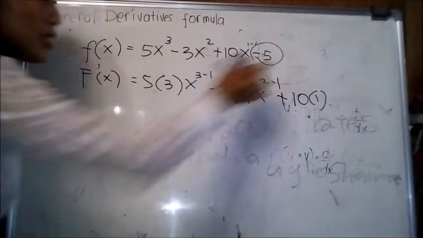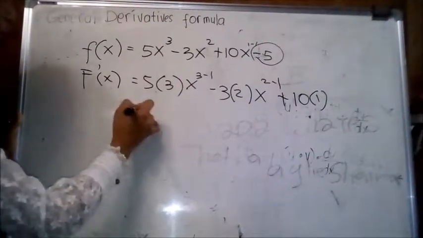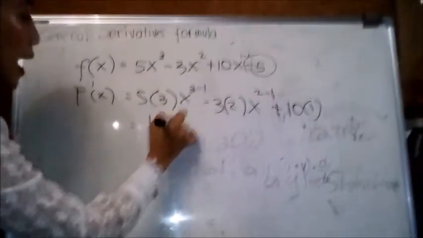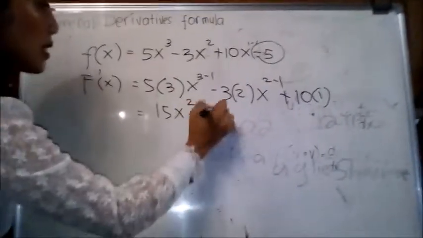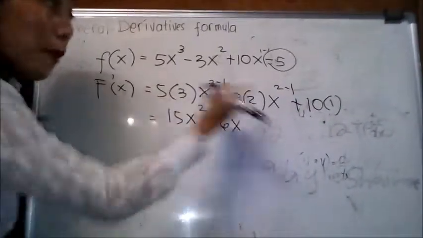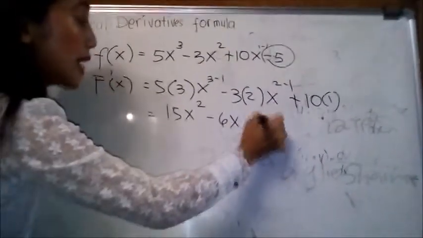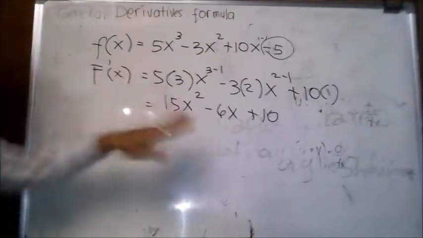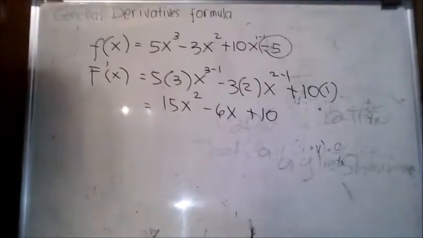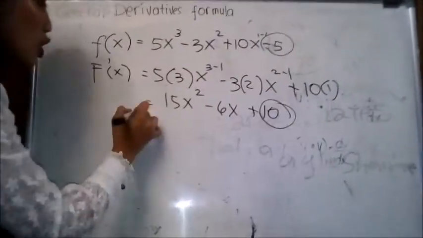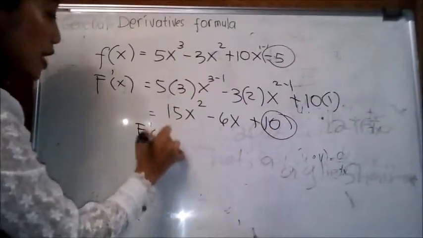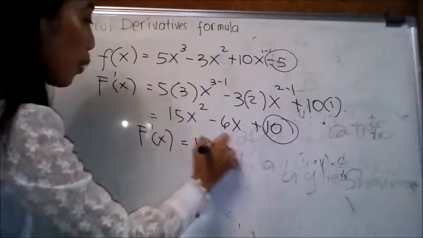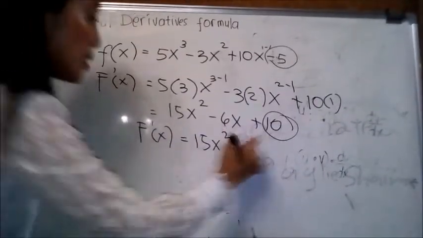Then the constant 5 is 0. So we have 15x squared minus 6x to the power of 1 plus 10. Since 10 here is a constant, we don't have x anymore. So our first derivative is 15x squared minus 6x plus 10.